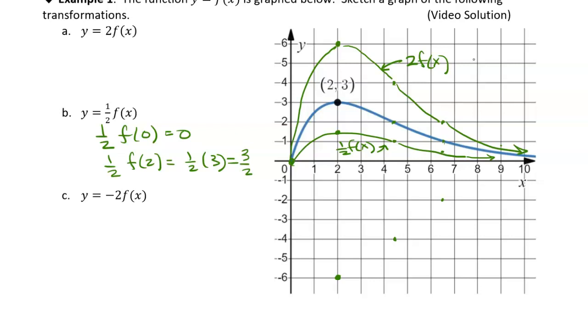So it's basically the reflection of part A across the x-axis. So let me just connect this up and you get the idea. It looks something like that. All right. So this is -2 f of x, -2 times f of x.